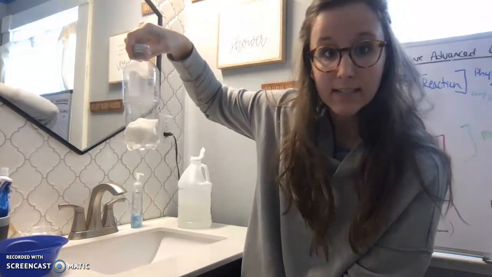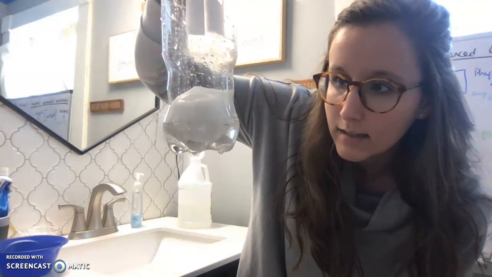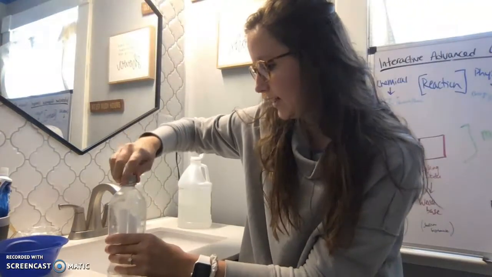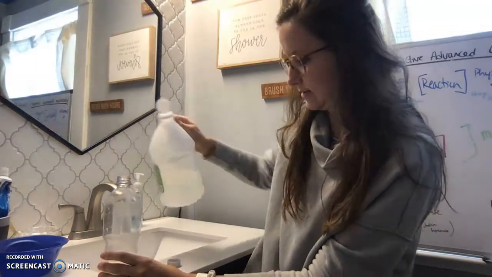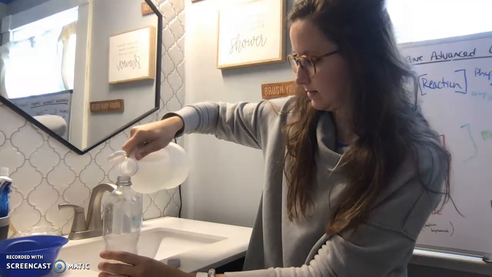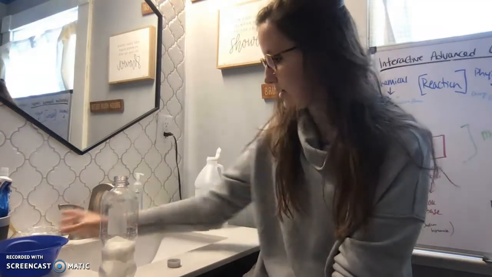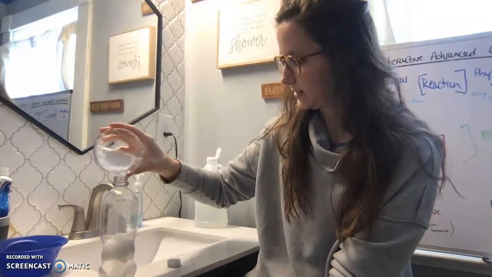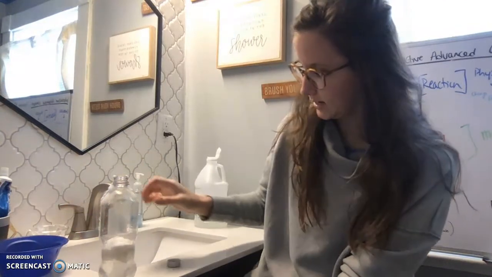As you can see, fizzing, here I'll bring it closer, bubbling is occurring, fizzing, maybe you can hear that. I'm going to add a little more, see if that makes a big difference. And we'll add more baking soda to see. Oh, there we go. We needed more baking soda.